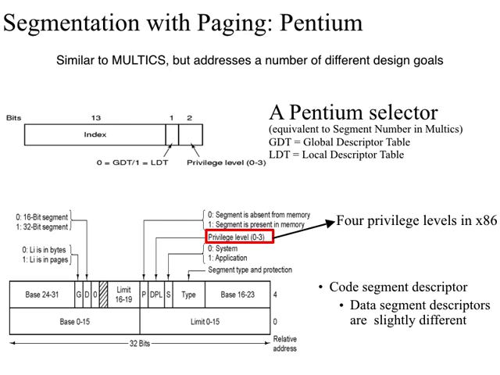So this slide gives you a little bit of low-level details about what the Pentium selector looks like and the specific format of the segment descriptor. Again, it's worth looking at certain fields to understand what information is contained there. So if you look at the Pentium selector, you will find that there is a bit that indicates whether the descriptor is a global segment or a local segment.